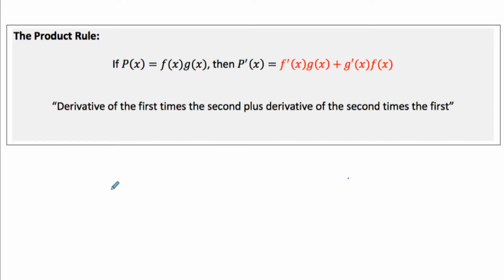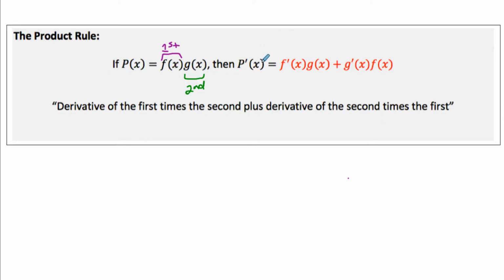If you watched that video on the proof of the product rule, you'll see that if we have a function, I'll call that p at x, which is a product of two other functions, let's say function f at x and g at x, I'll call function f at x my first function and function g at x my second function. So it's a product of two functions. We can find the derivative of the product of those two functions.